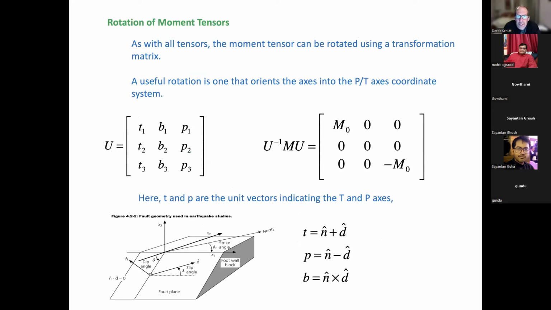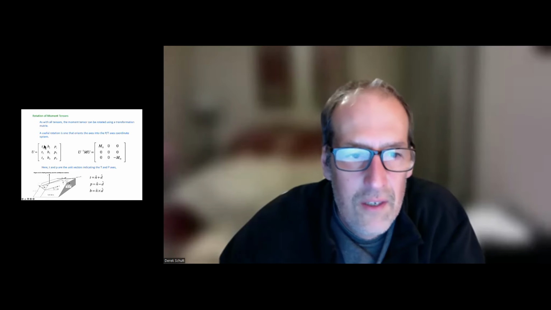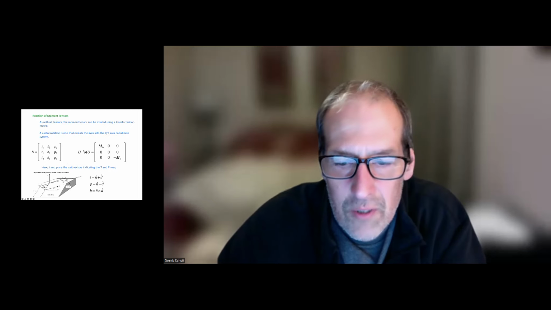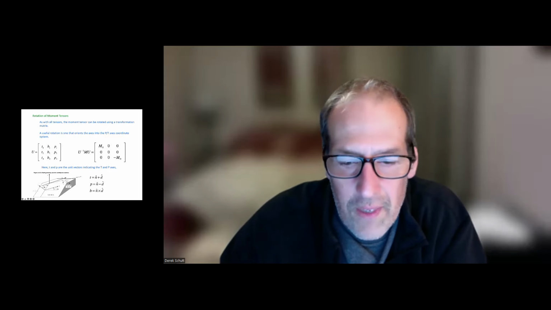And as with all tensors, the moment tensor can be rotated using a transformation matrix. A useful rotation is one that orients the axes into the PT axis coordinate system. So we might have something like this, where T is defined as the normal to the fault plane plus the displacement vector. P is defined as the normal minus the displacement vector, and B is the normal cross the displacement vector.